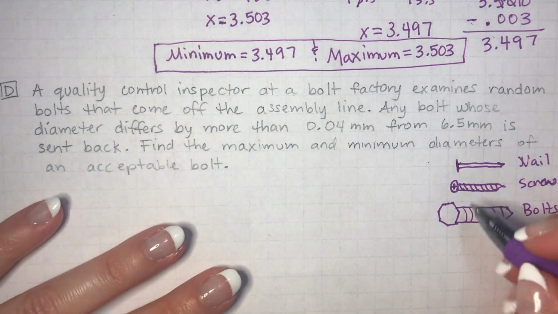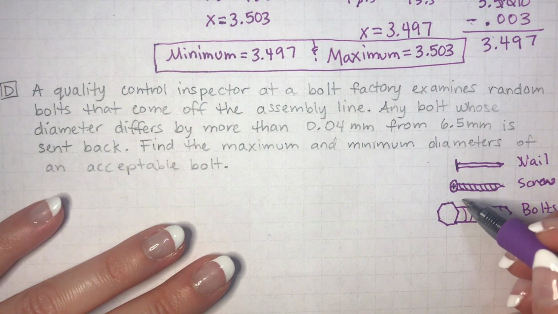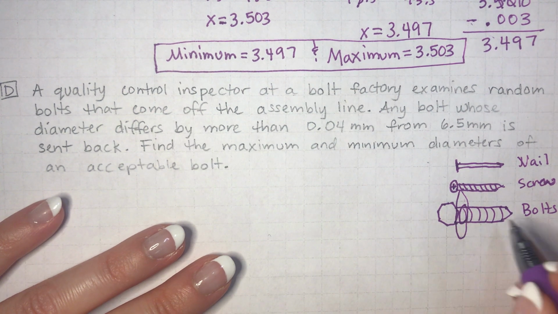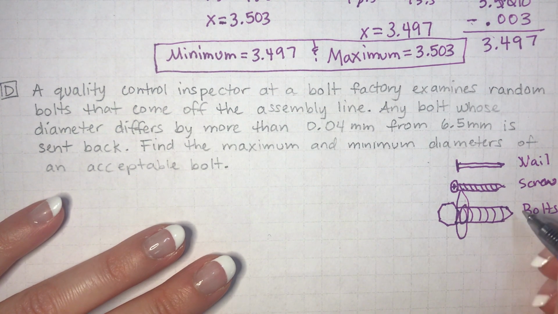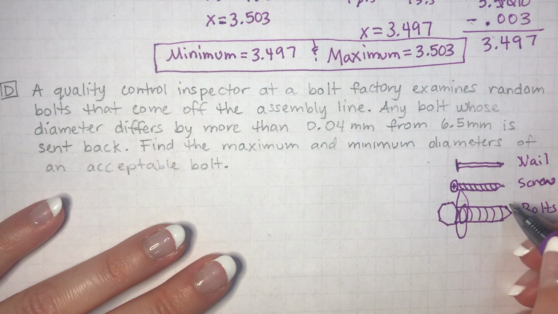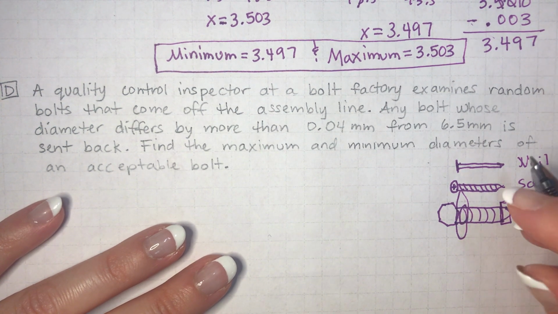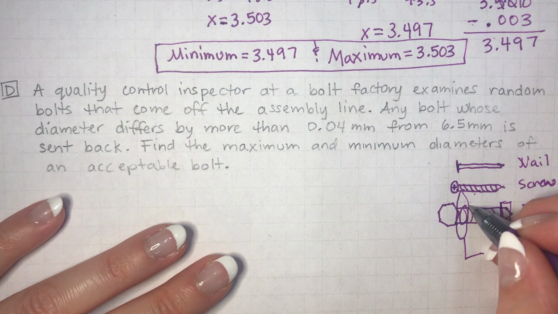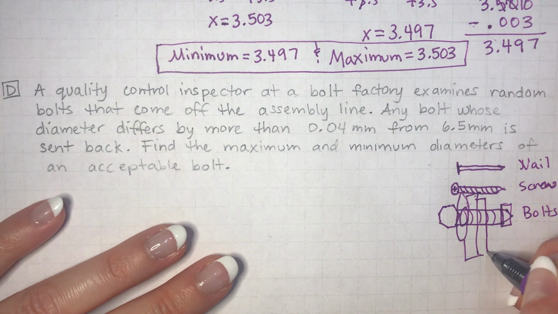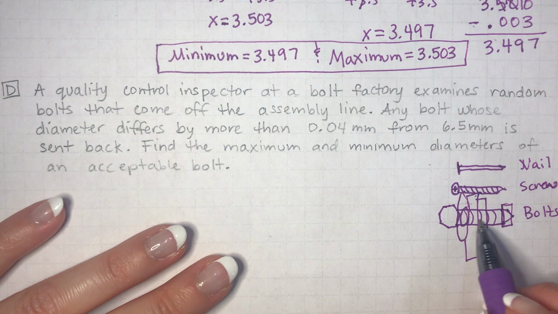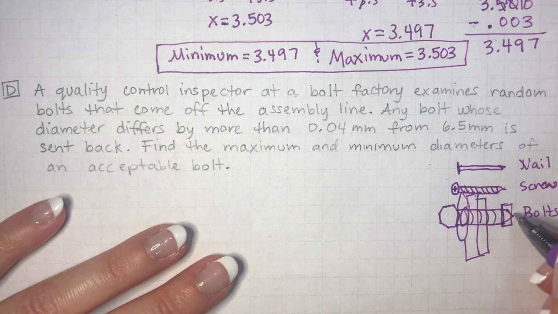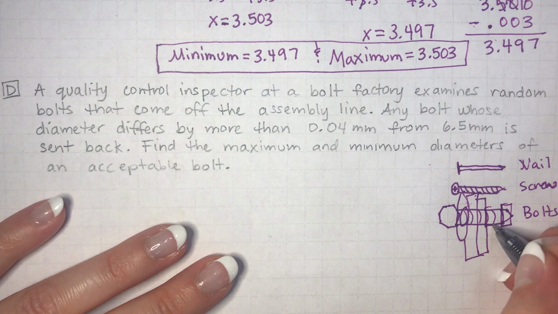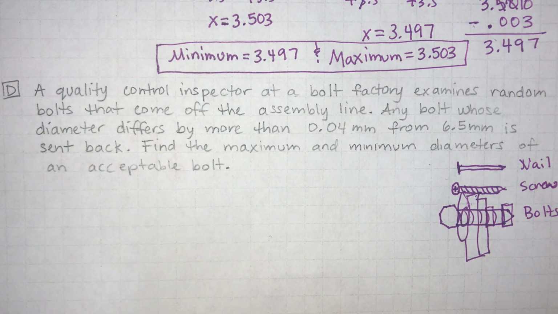And a lot of times you secure something, and then you put a washer, which is like a circle with a hole in the middle, and the bolt goes through that. And then on this side, you have another thing, and it twists. If you had a piece of wood, say you're trying to attach two pieces of wood, you have the washer with a hole, there's the bolt, and then you take this thing on the other side and you twist it until it gets really tight with that wood, and it bolts it in place.